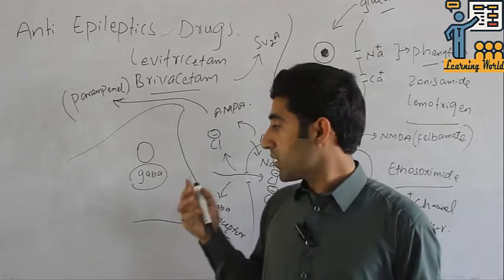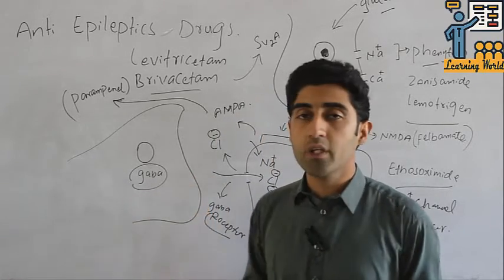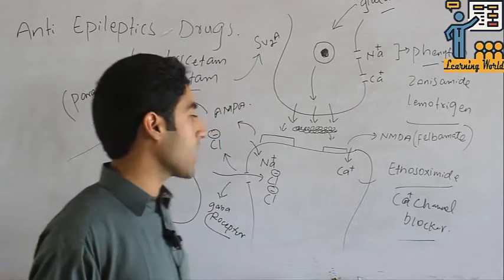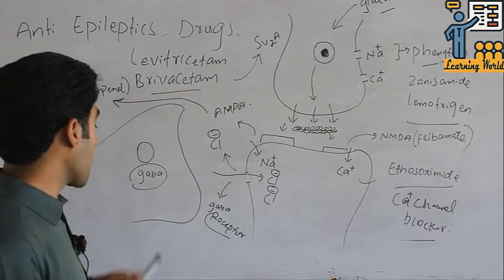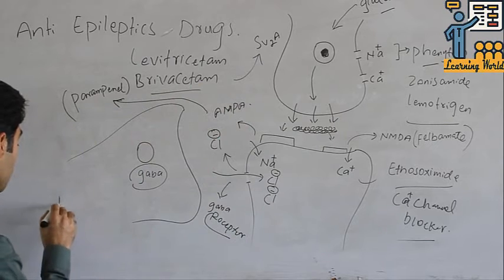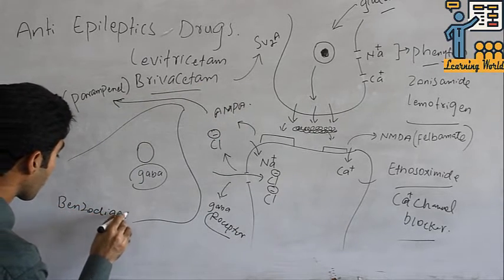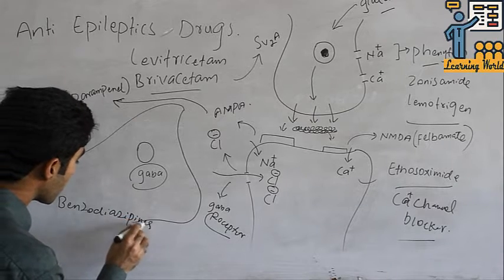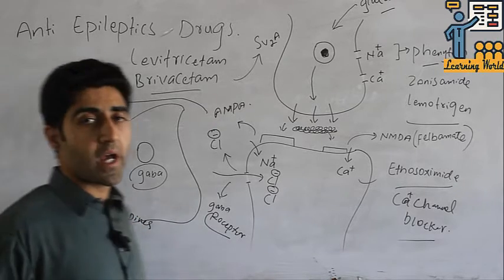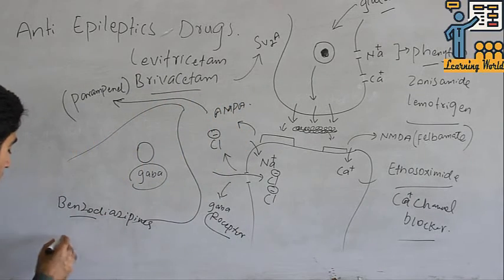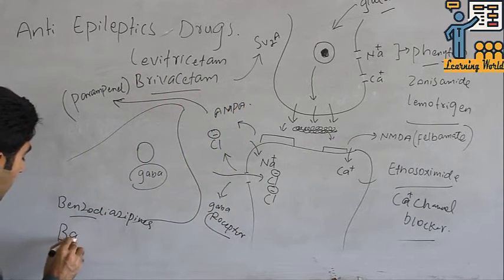So when we need to increase the GABAergic activity, certain types of benzodiazepines and barbiturates are used to increase the GABA activity. Benzodiazepines like lorazepam, diazepam, clonazepam, etc. are used to increase the GABAergic activity, and barbiturates are also used.